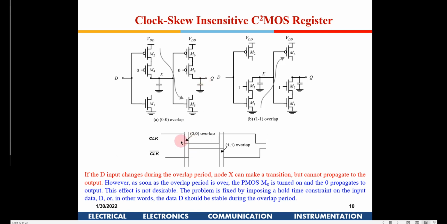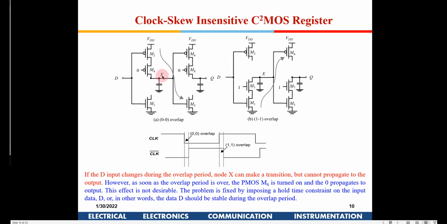Okay, although during the overlap period, this data is not reflected here, right? But when finally this thing settles down, because this node has got changed, right? This node has got changed during this duration. During this duration, the output X has got affected.